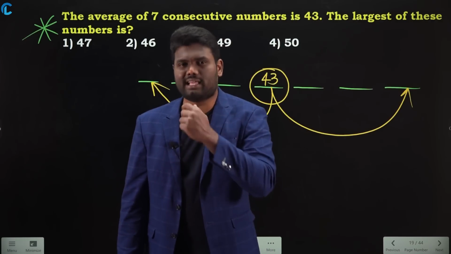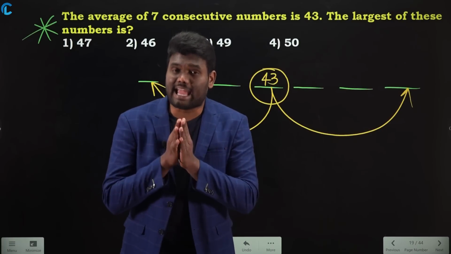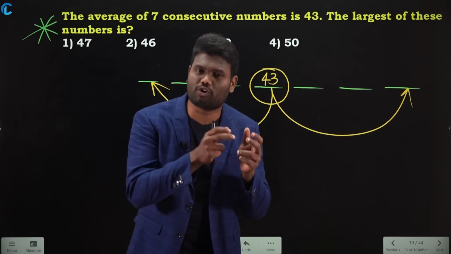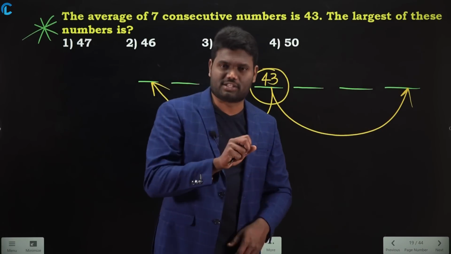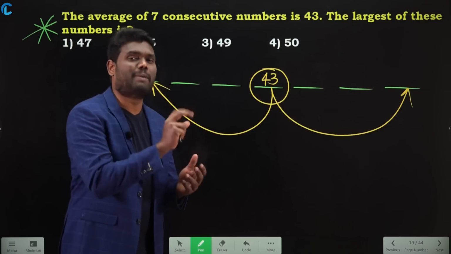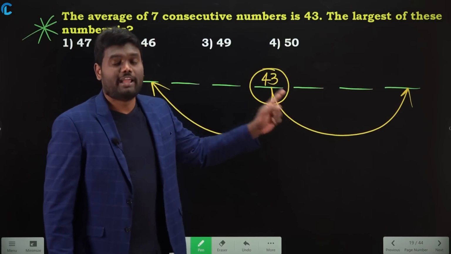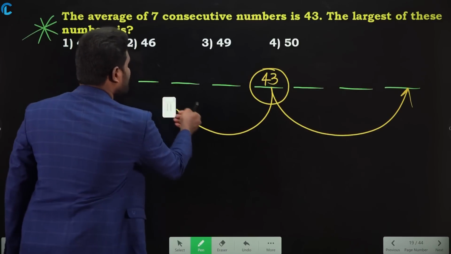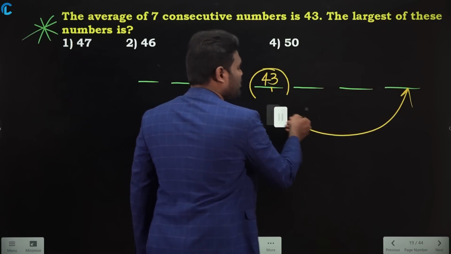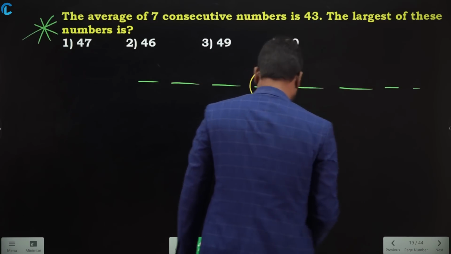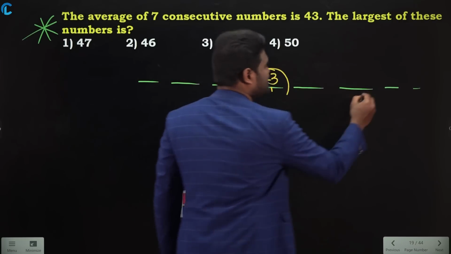You will be wasting a lot of time. So to solve this in a smart way, you will not count like this. If you observe carefully, instead of counting all these things, you can solve them in a much smarter way.